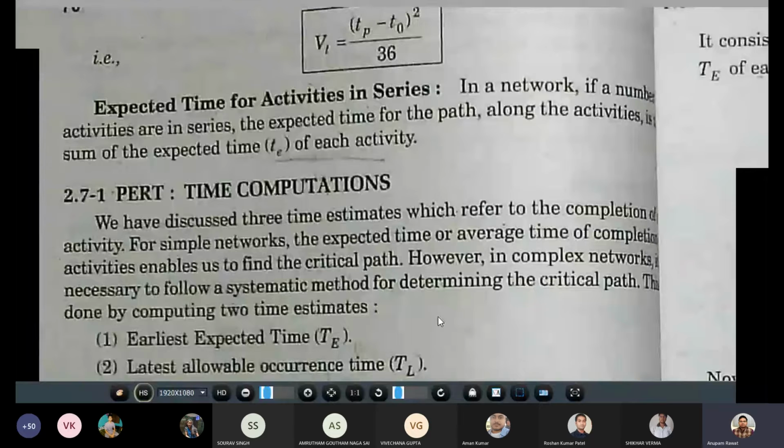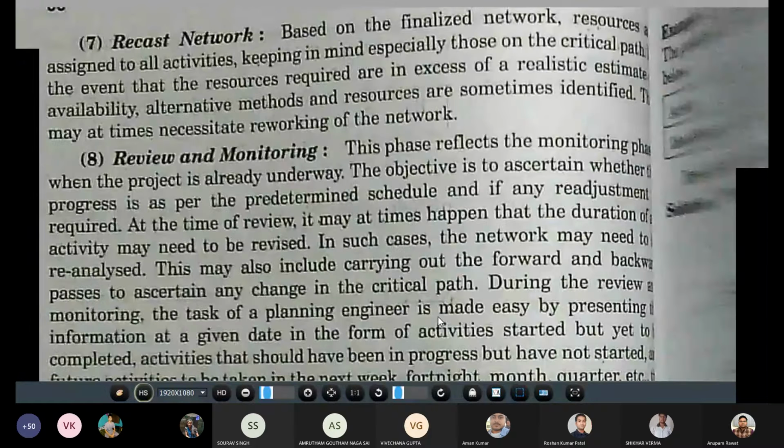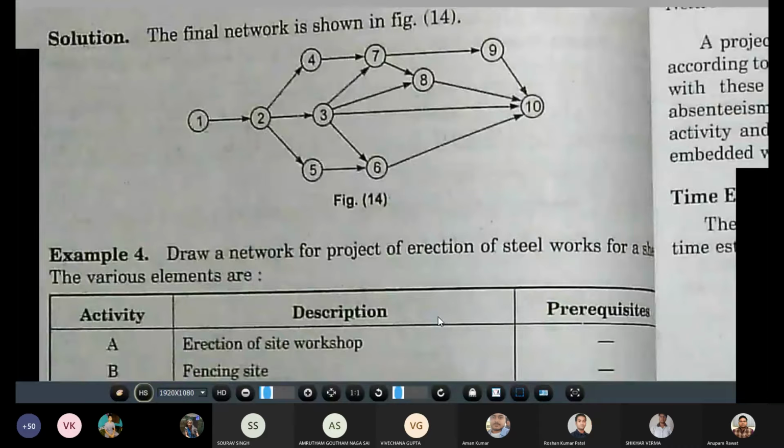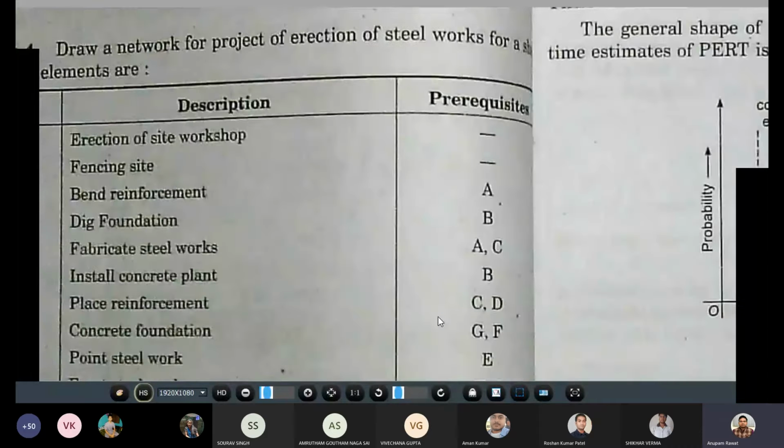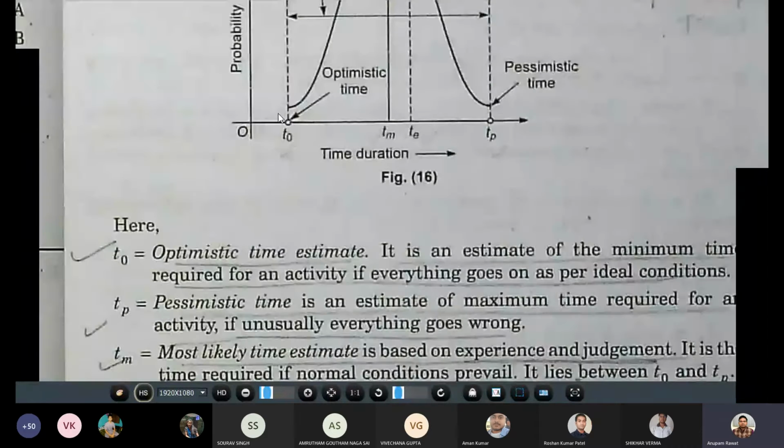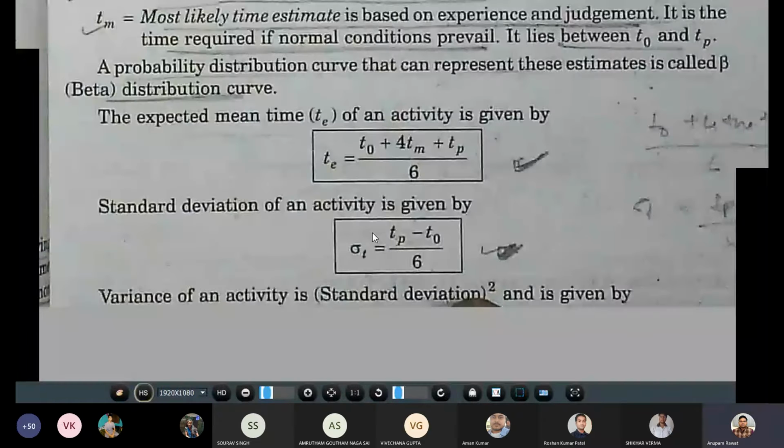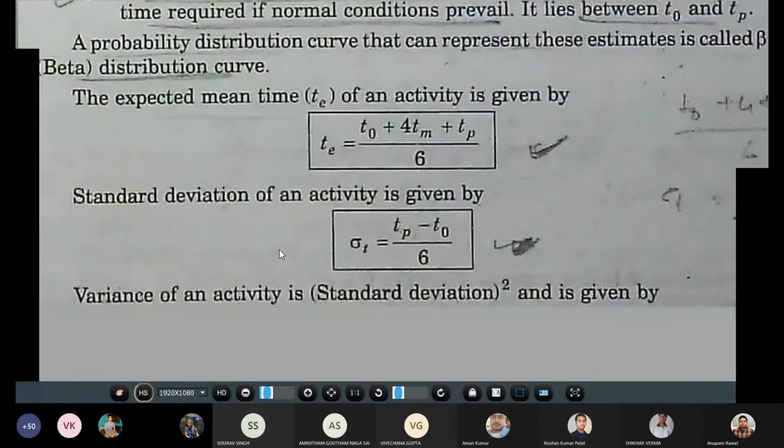The standard deviation in beta distribution is, as I have already told you, sigma t. The standard deviation of an activity, sigma t, is equal to (TP minus TO) divided by 6, where TP is the pessimistic time and TO is the optimistic time.